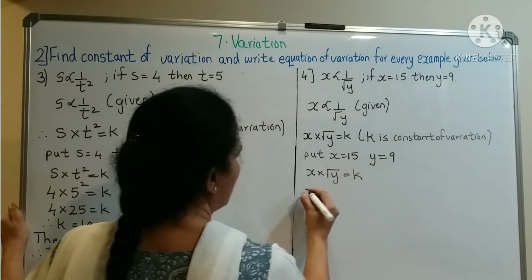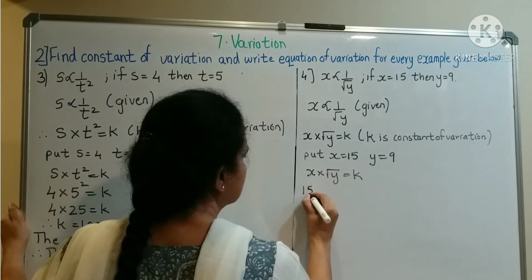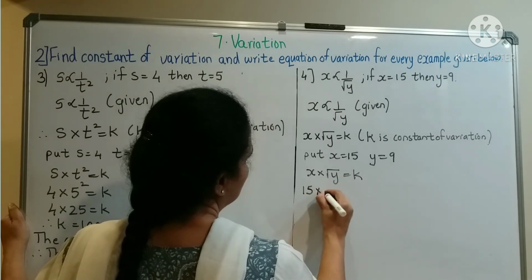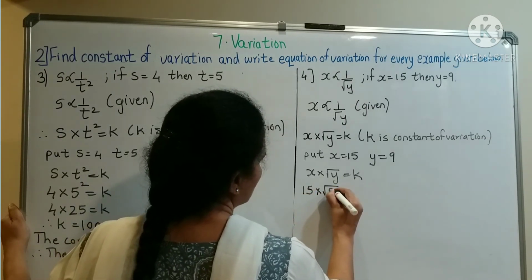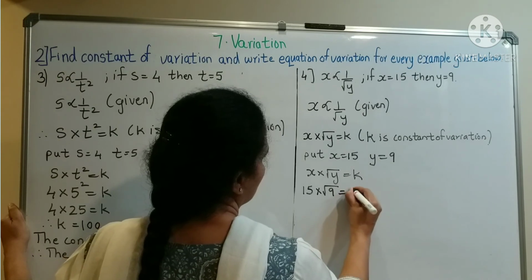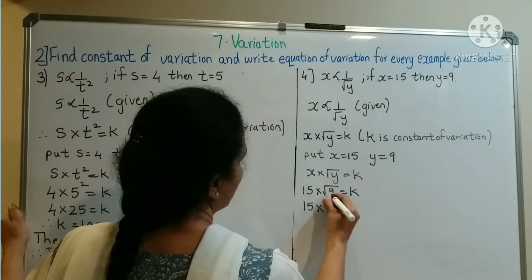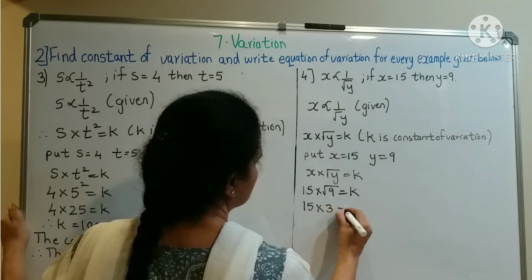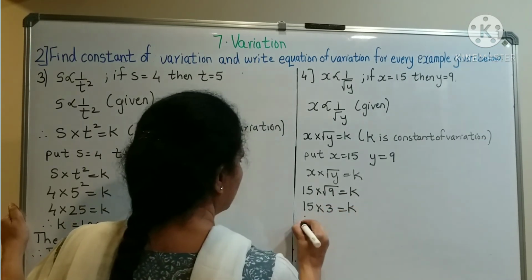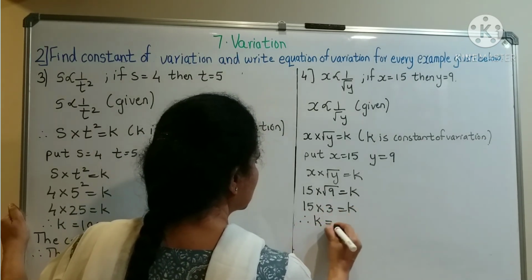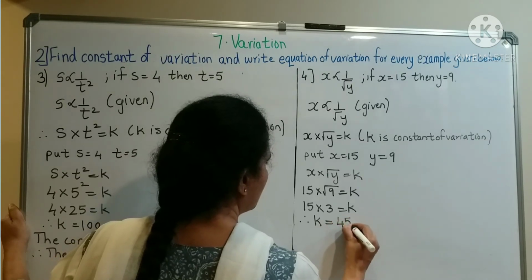Now we'll put the values. X is 15 into square root of 9 is equal to K. 15 into square root of 9, which is 3, is equal to K. Therefore, K is equal to 45.